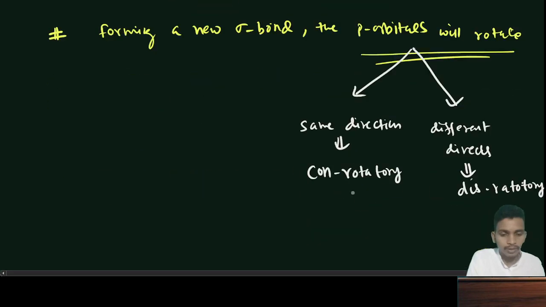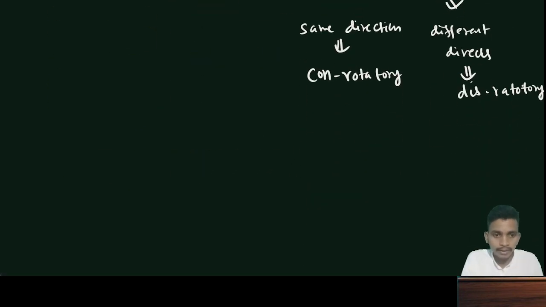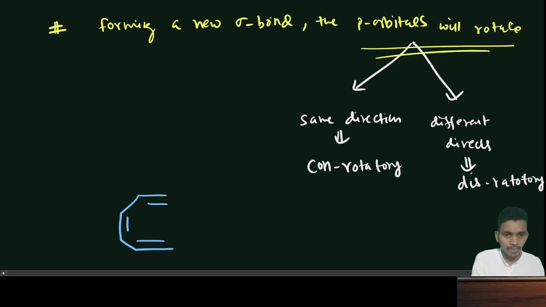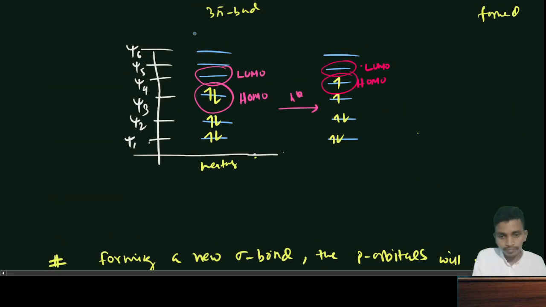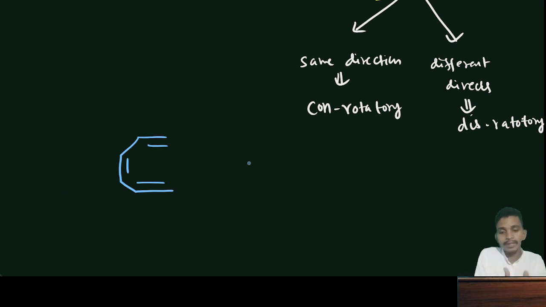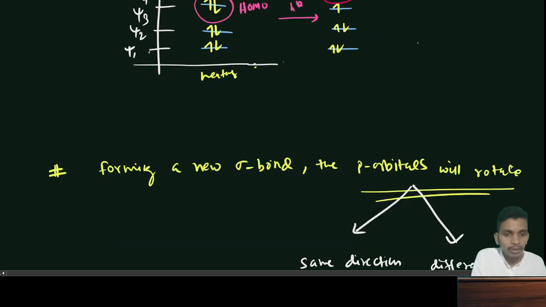Now just try to understand this. The frontier orbitals only participate in the reactions. It means that these are the frontier orbitals, because the participating orbitals do the reactions, and those participating orbitals are called frontier orbitals.